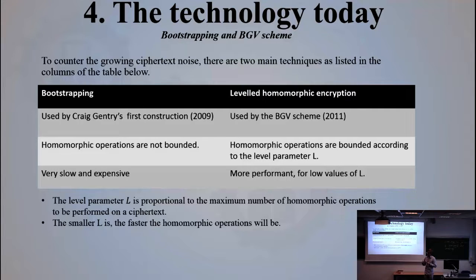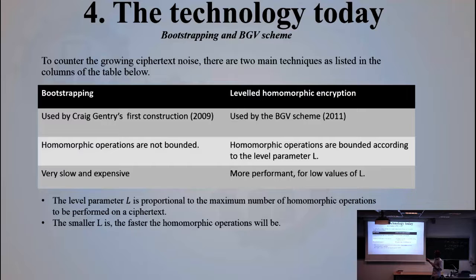You have an initial noise, and then the noise will grow if you, for example, multiply two ciphertexts. The result will have not twice, but a lot more noise. So essentially you are saying that the noise is added when we do the encryption. Yep. Okay, good.